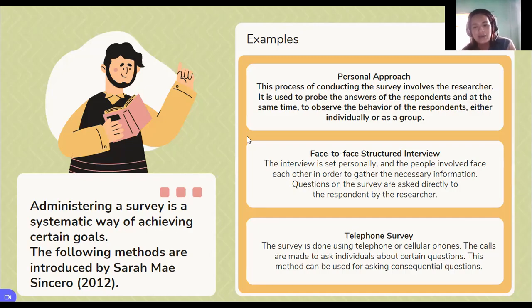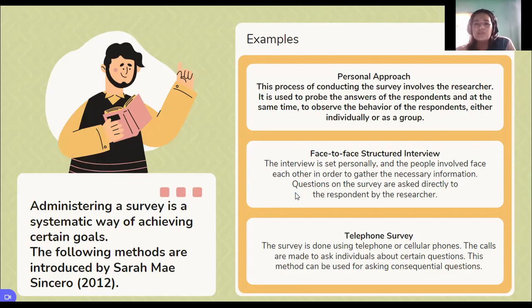While you are calling the individual respondent, you will be giving out certain questions, and this method is made use of when you're asking consequential questions. So you're not face to face with your respondent, however, you are asking them about your topic selected for administering your survey using telephone.